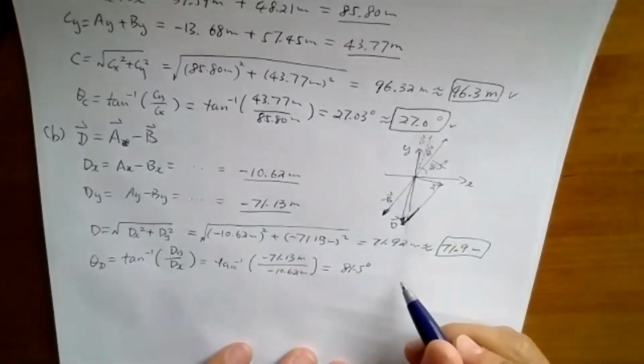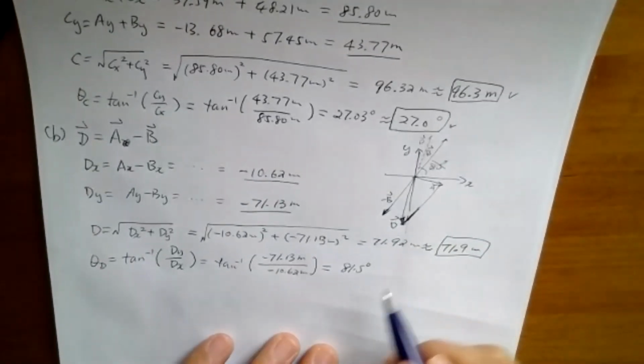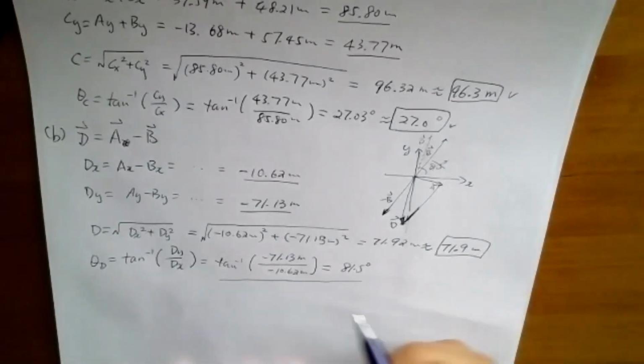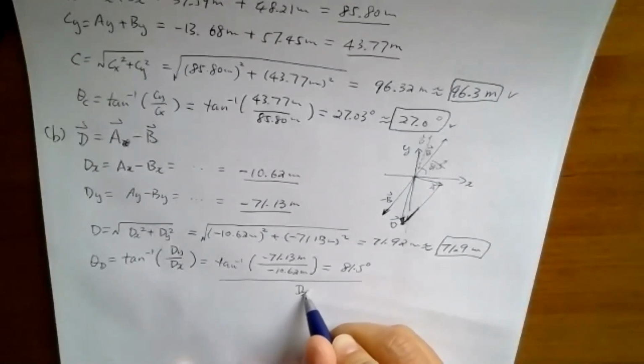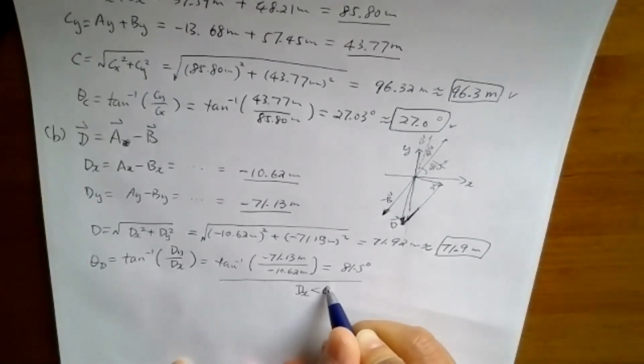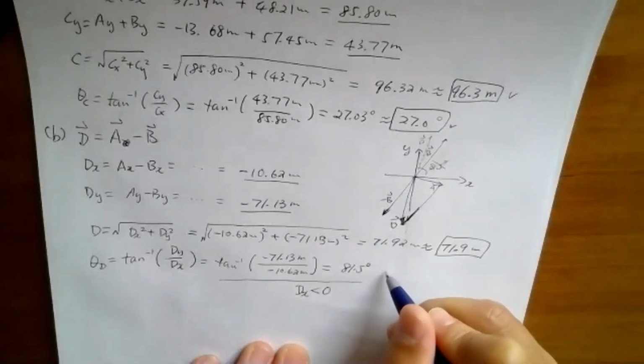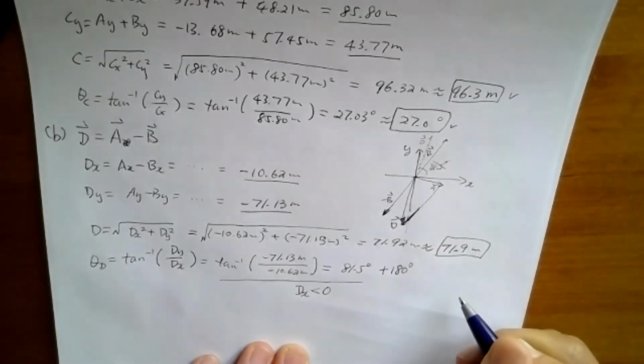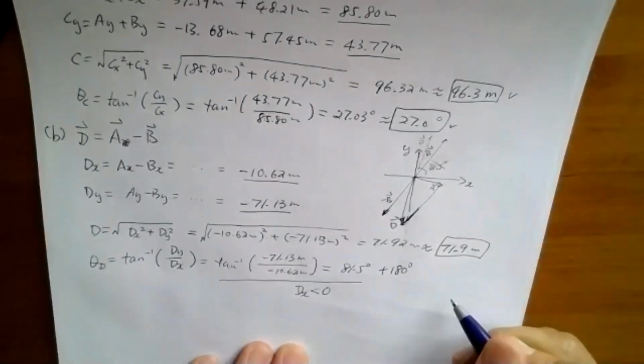Now, if you remember last time, after you plug in your numbers in your calculator for the angles, you want to double check your x component, right? If your x component is less than 0, or negative, then what do you do? You add 180 to your final answer, okay?